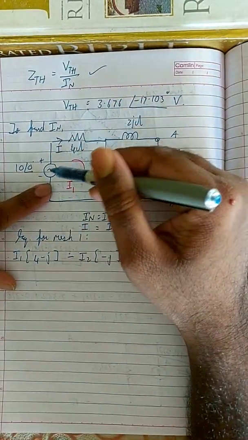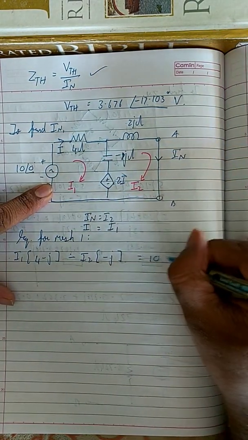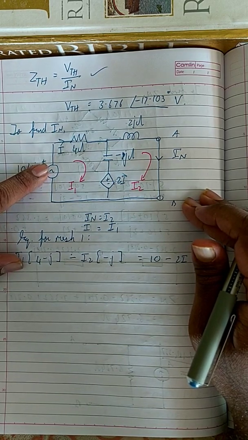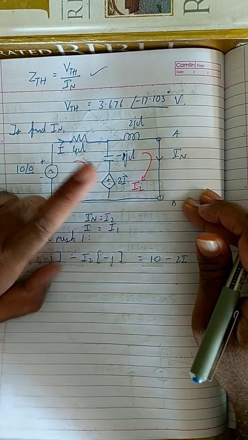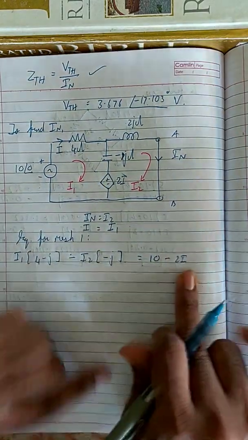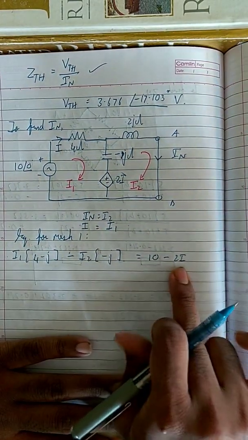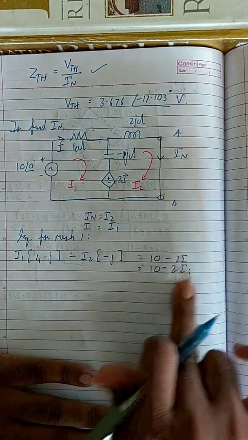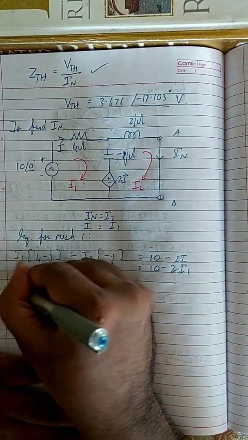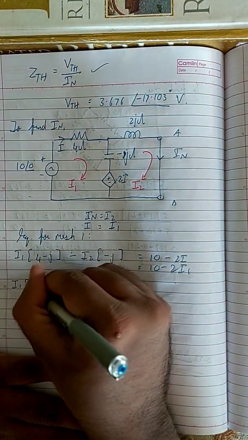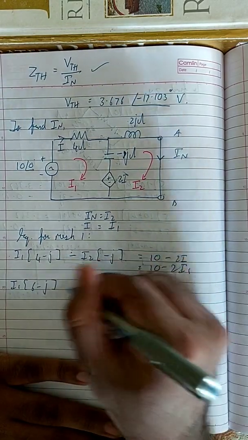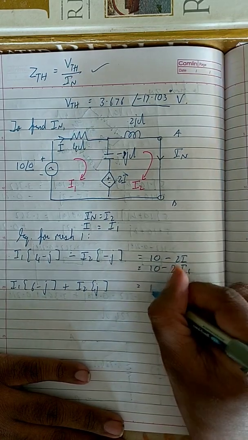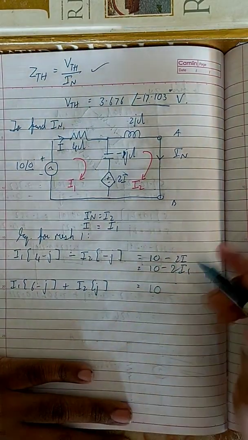This is 10 minus 2I. This is plus 10 because this voltage source is generating I1. This is minus 2I because this voltage source is opposing I1. That's why you got this equation. But 2I, I is equal to I1. Therefore, this is 10 minus 2I1. So I'm going to bring this over here. This will become I1 into 4 plus 2 is 6, so you have 6 minus j, then here you have plus I2j is equal to 10. Okay, this is equation 1.